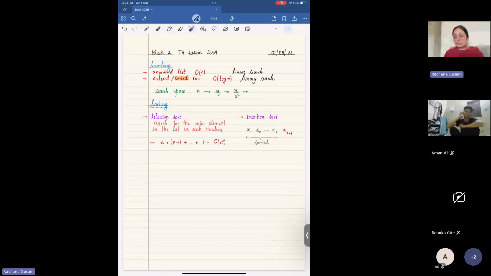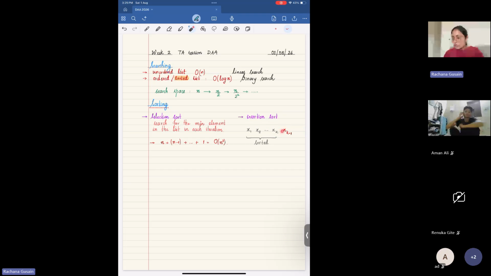We compare it with the previous element, xk. If xk plus 1 is larger, we don't do anything; we just stop and report that this is the sorted list. Otherwise, if xk is smaller, I'm going to shift it one position to the right. And then we know that xk plus 1 can come here.